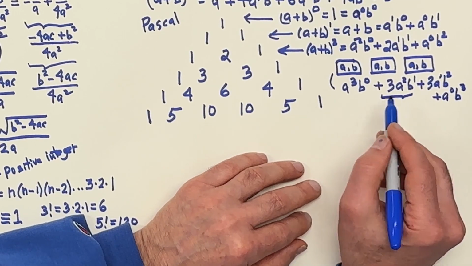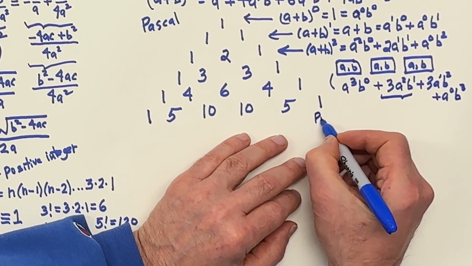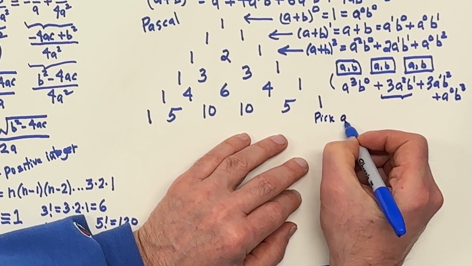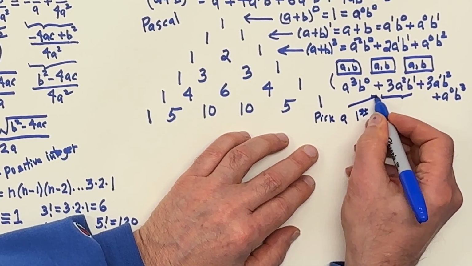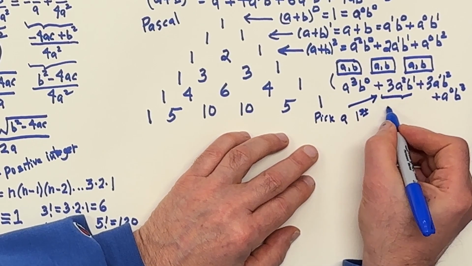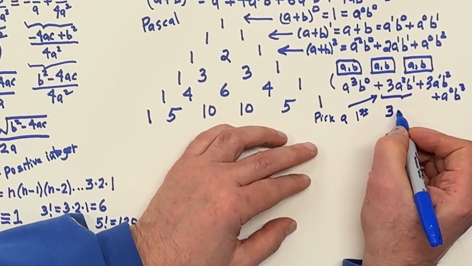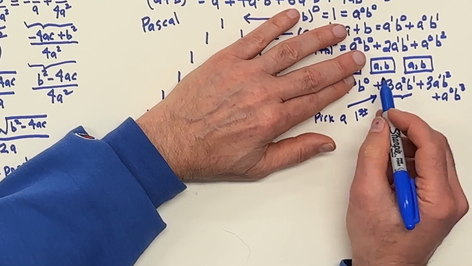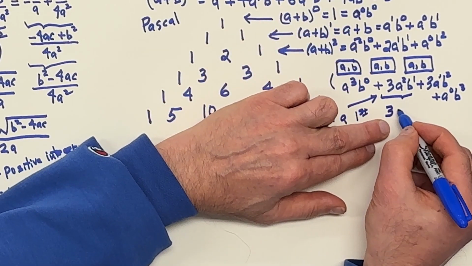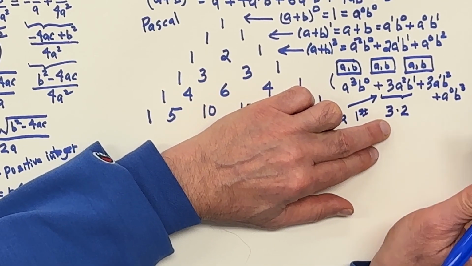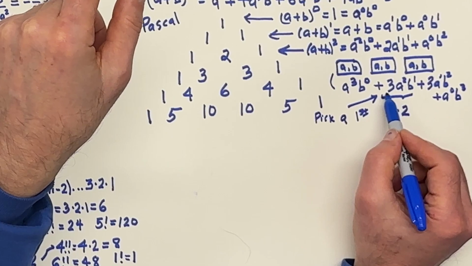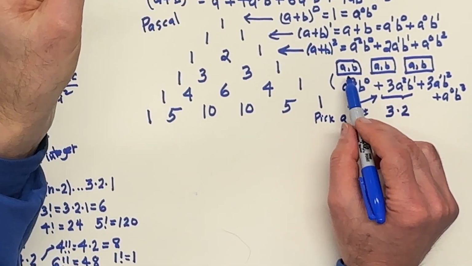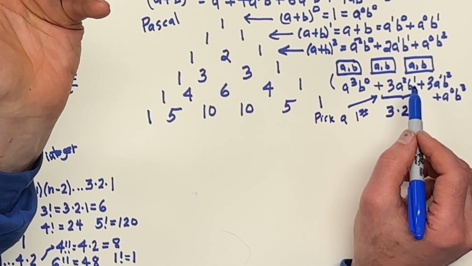But if I pick the apple first, for this one, there's 3 ways to pick the first apple, but then there's 2 ways to pick the second one. But I know the answer is not 6. The answer has to be 3. Because doing it the easy way, picking the banana, there's only 3 ways.